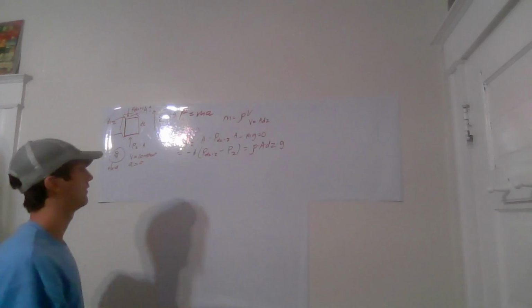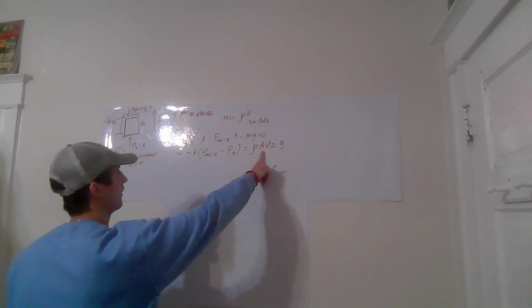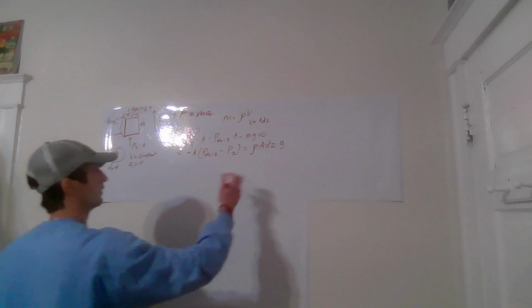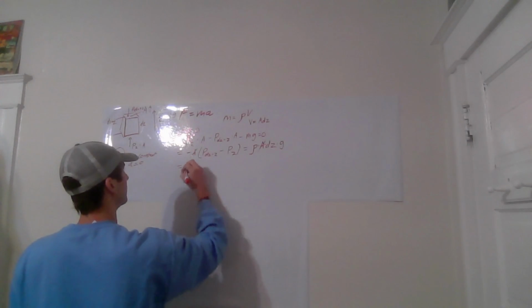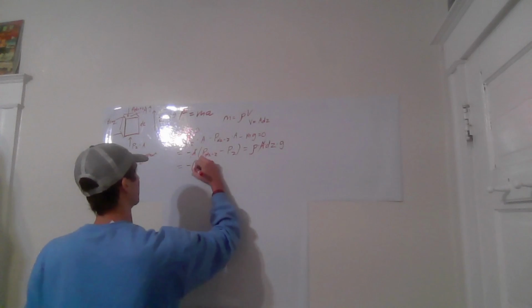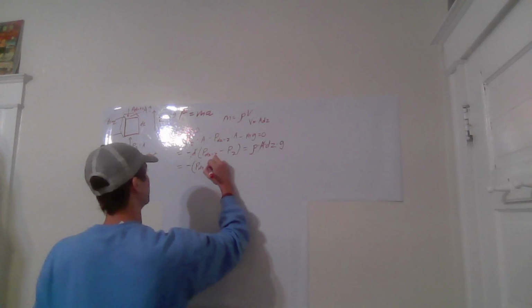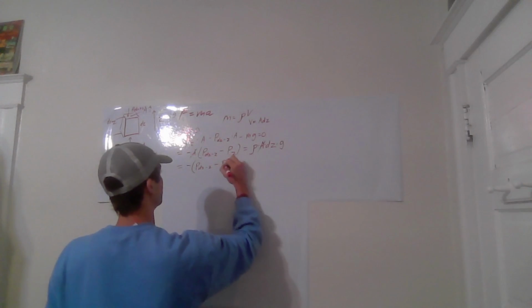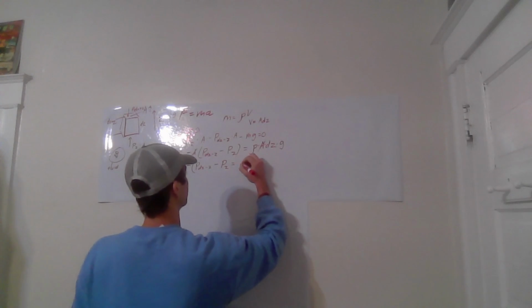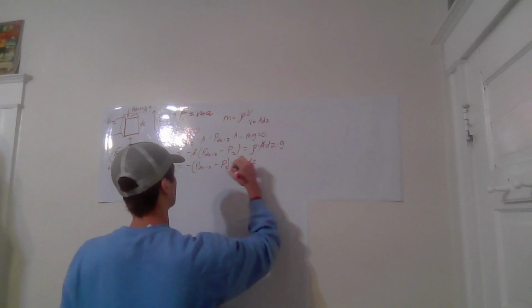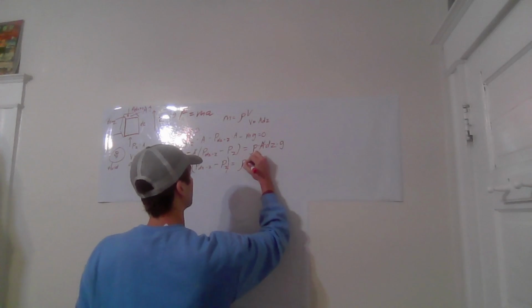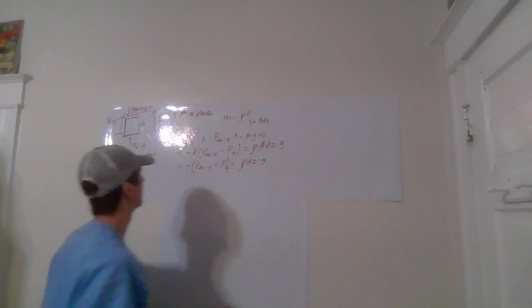And what we can do now is we can also factor out our area. It'd be equal to negative P at dz plus z minus pz, equal to our density times dz times our g.